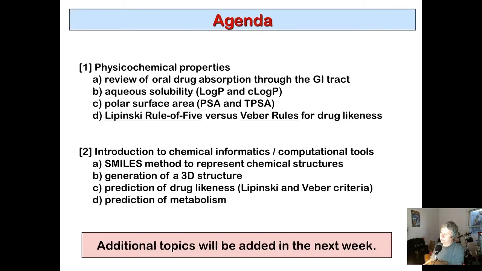Okay, so as of now, the agenda is these things: physicochemical properties. We're going to review oral drug absorption through the GI tract. Talk a little bit about aqueous solubility and these parameters called log P and C log P. Also something called polar surface area, PSA or TPSA.